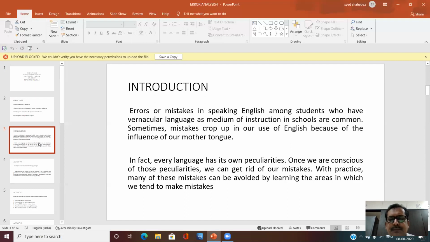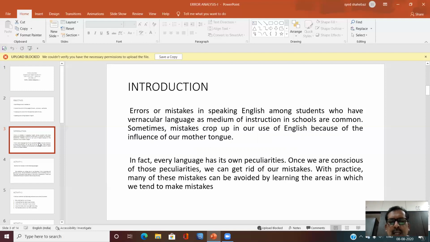Because English is a foreign language, it has a different set of rules, the peculiarities of this language. So this language has to be learned keeping in mind the rules and regulations of grammar that govern this language.